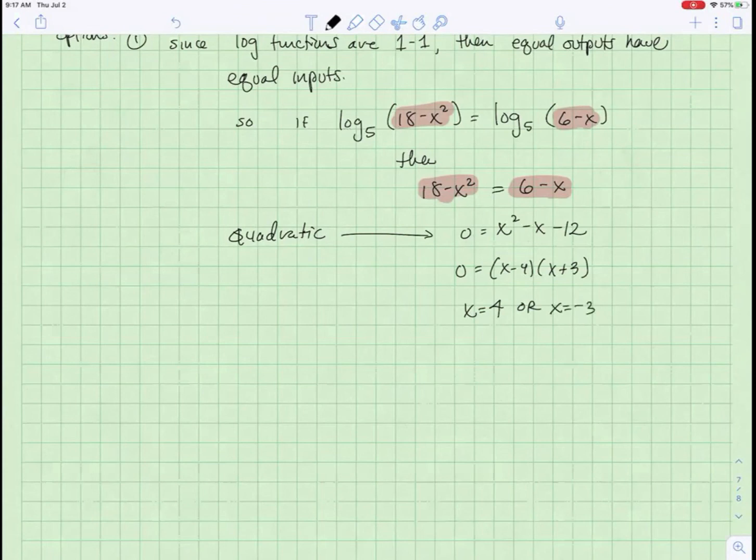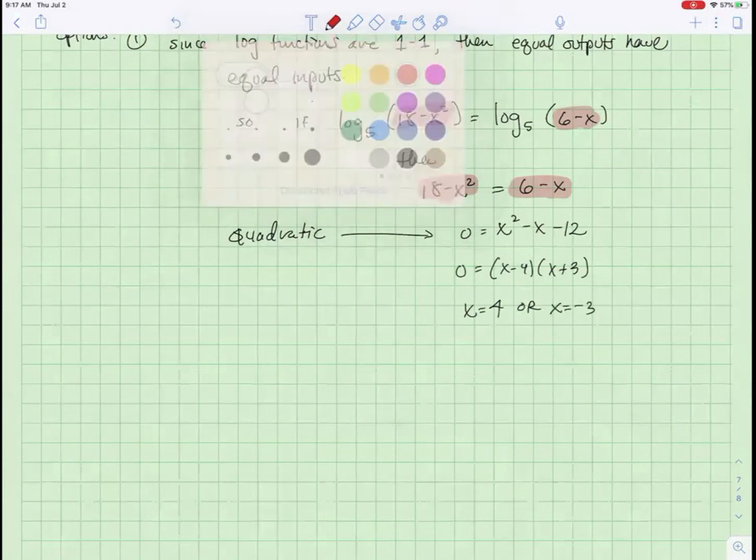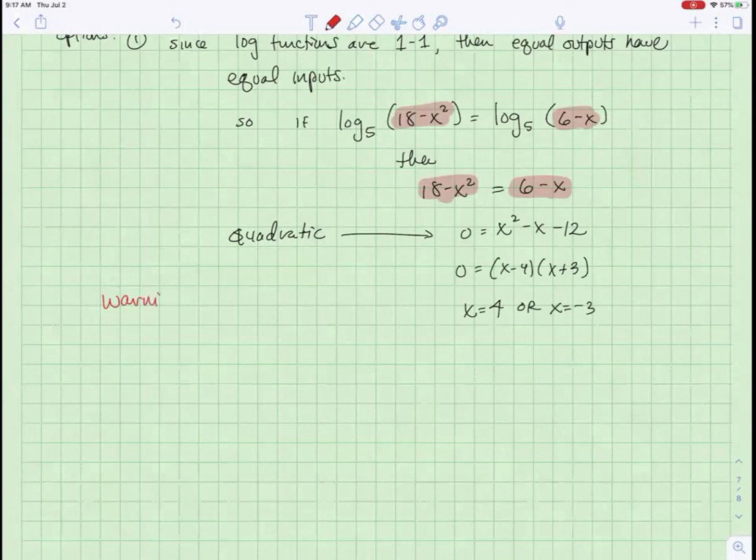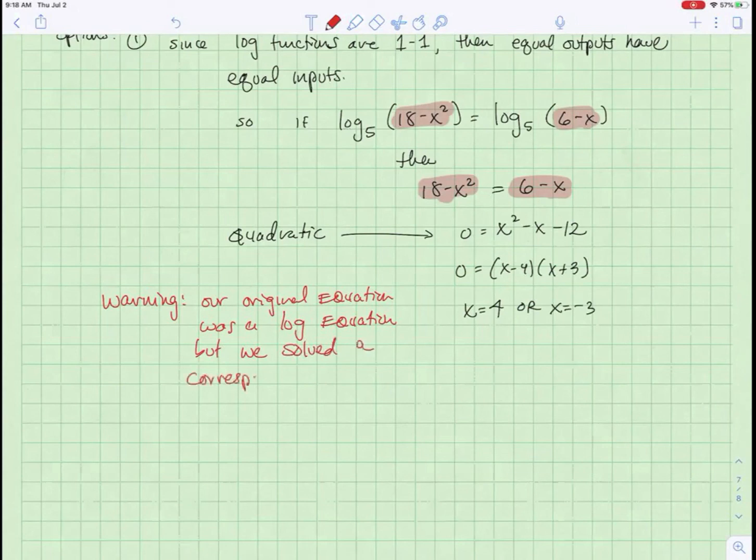Now, a word of warning. Our original equation was a log equation, but we solved a corresponding quadratic.